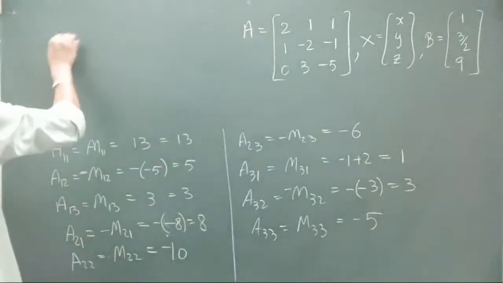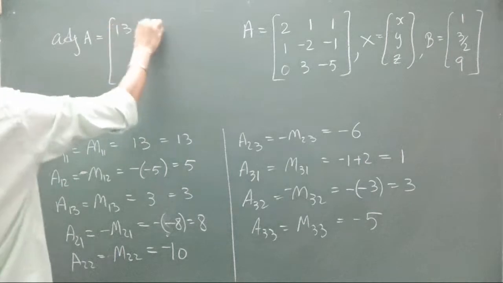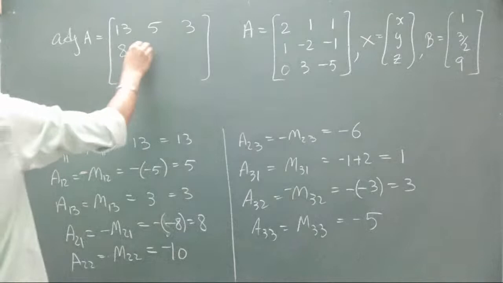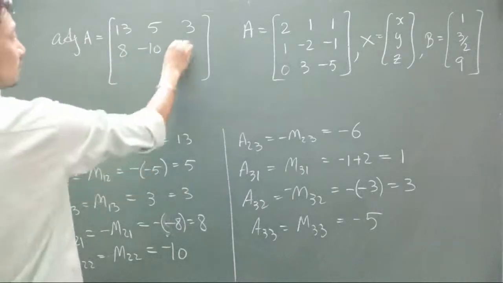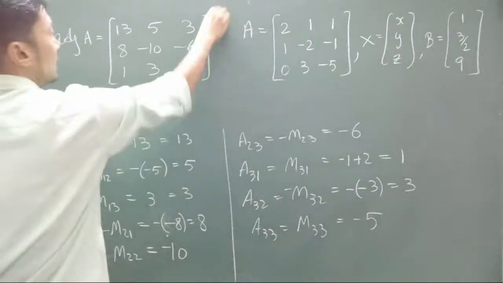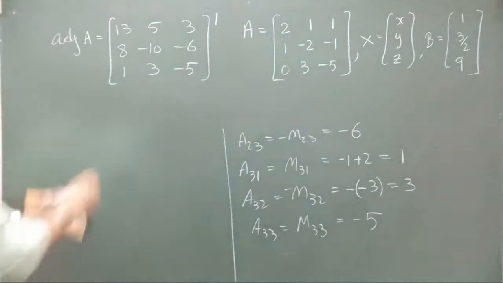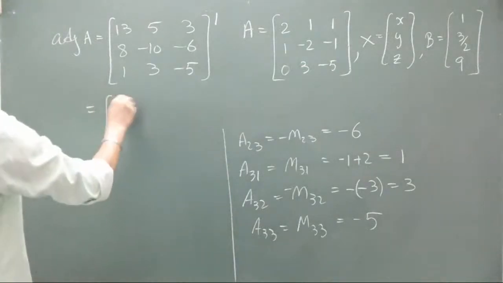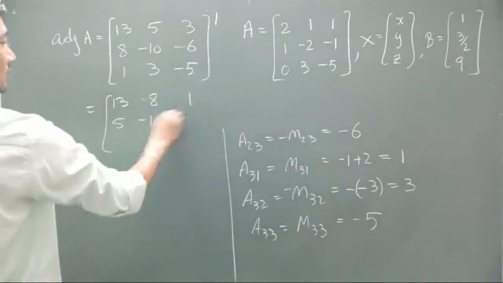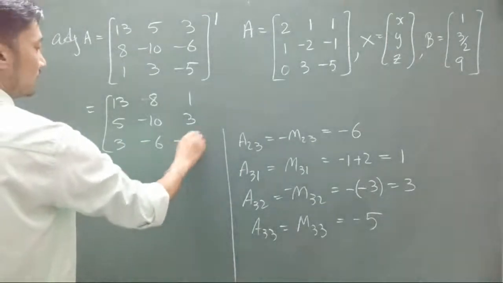So anyway, so adjoint of A, 13 5 3, 8 minus 10 minus 6, 1 3 minus 5. It's transpose. So that will be 13 8 1, 5 minus 10 3, 3 minus 6 minus 5.